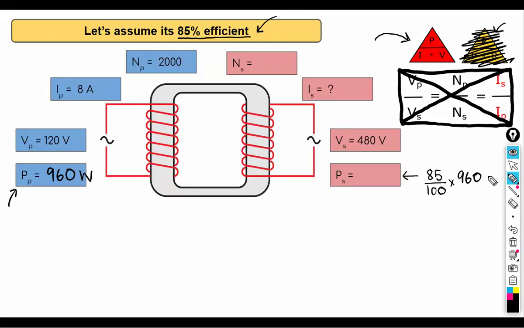How much is the power on the secondary side? Right, so that's an easy calculation. It's 85 divided by 100 multiplied by 960, which is 816. And a lot of people are sending that answer for me. Easy stuff, easy stuff.